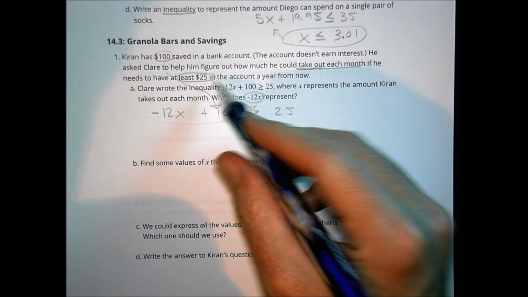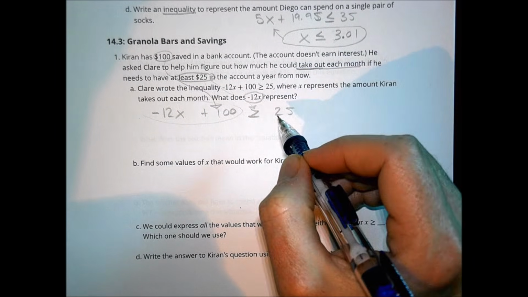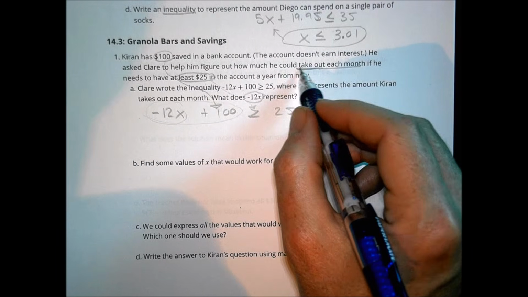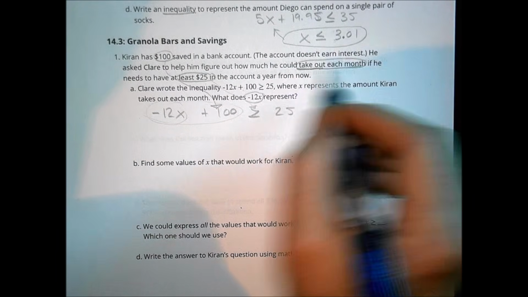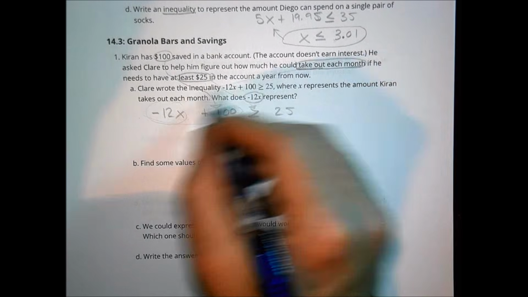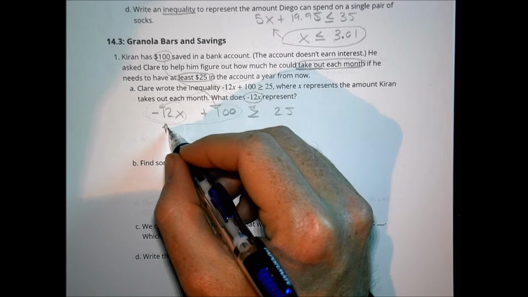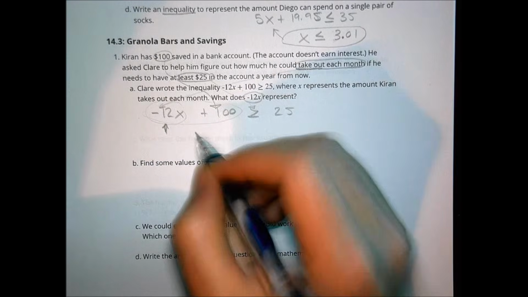That's why we do greater than or equal to 25. This negative 12x is the amount he would take out each month. Because he's taking it out, it's going to be negative, and 12 is the number of months in a year, and x represents the amount that he would take out.